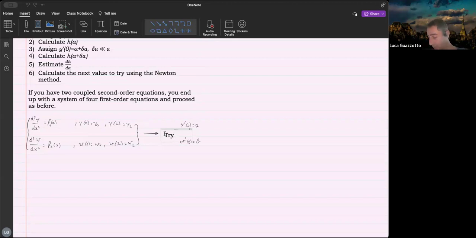What I'm trying to make equal to 0 is some function h of a and b, which is equal to y of L, having assumed that a is the derivative, minus yL, and w of L with the assumed derivative b minus wL. So H is a vector function.